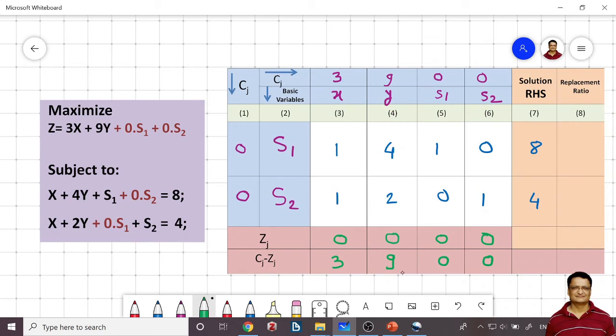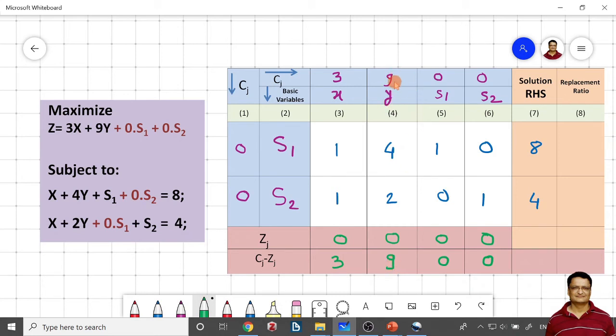Now if you look at this point, you can notice that we have a positive value of Cj minus Zj, which indicates that we have scope for improvement. Among all the Cj minus Zj values, the value corresponding to y is the maximum positive value, that is 9.